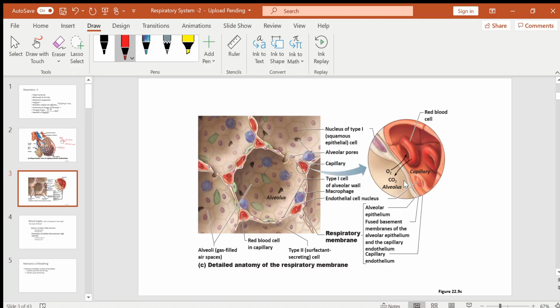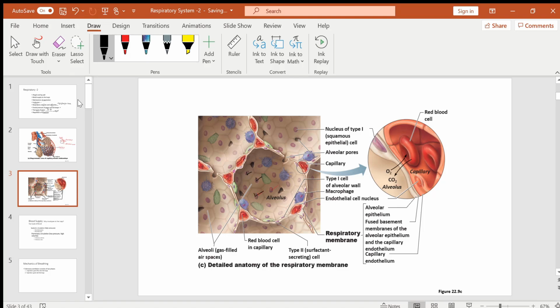The wall of an alveolus has three types of cells. You see these cells, these are simple squamous cells. You know, simple squamous, flat, right? A single layer of flat cells. So these are simple squamous cells.